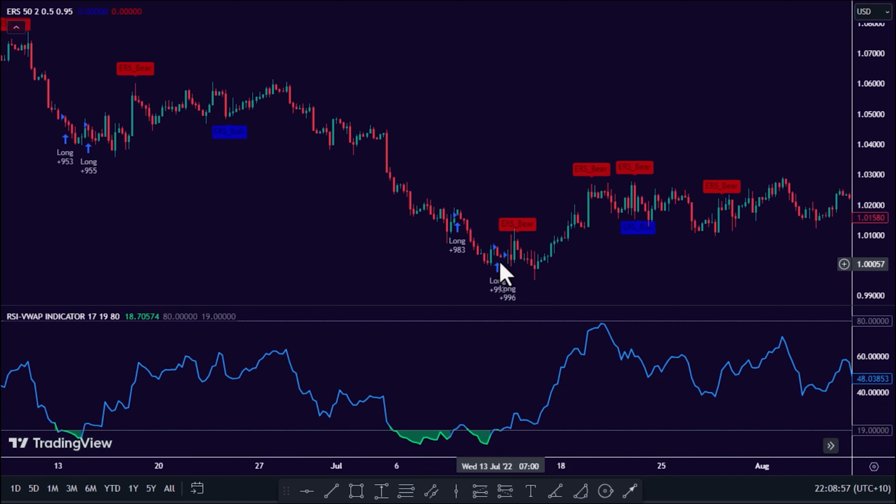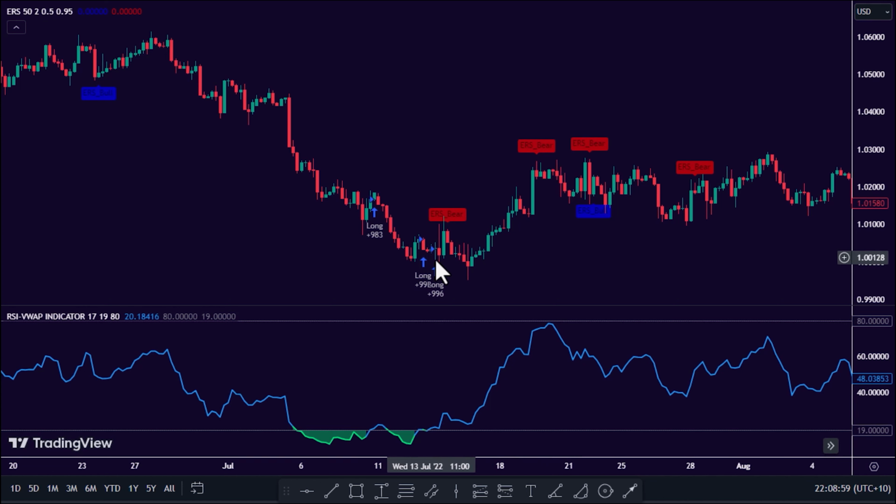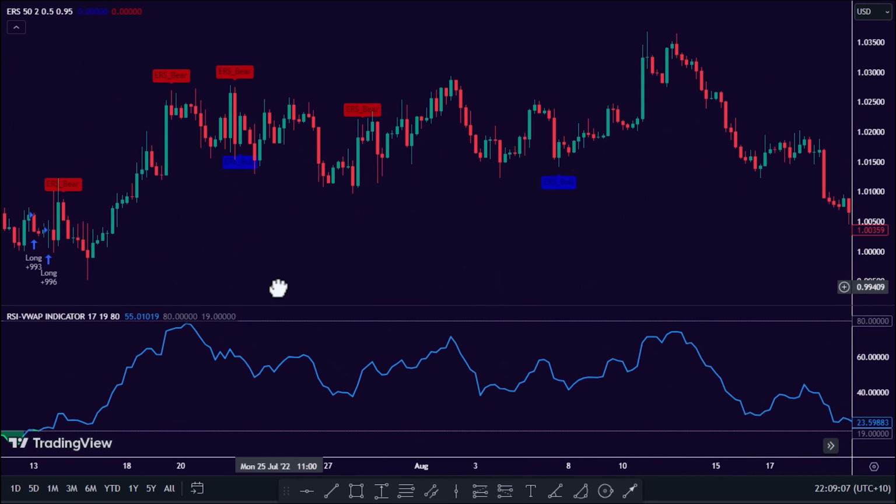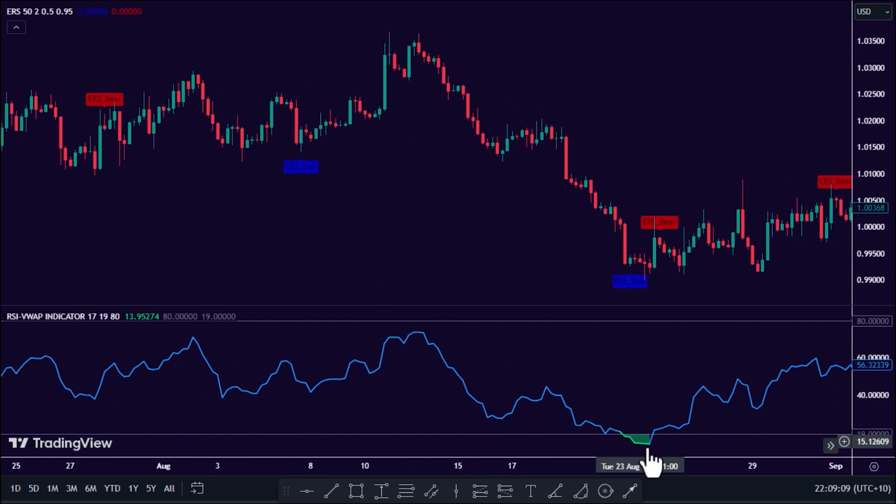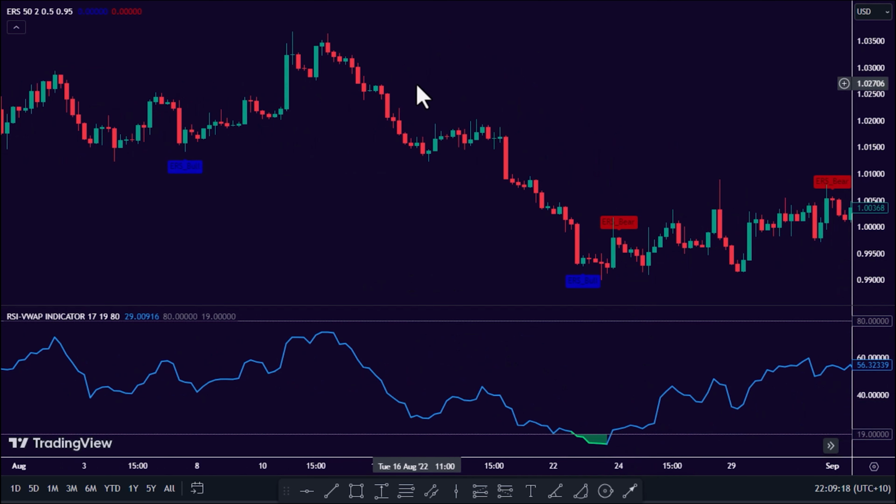If the price significantly deviates from the RSI VWAP, it may signal an unsustainable trend, increasing the likelihood of a reversal. Integrate candlestick patterns into your analysis to identify reversal signals. Patterns like doji candles, engulfing patterns, or hammer candles can complement RSI VWAP signals.